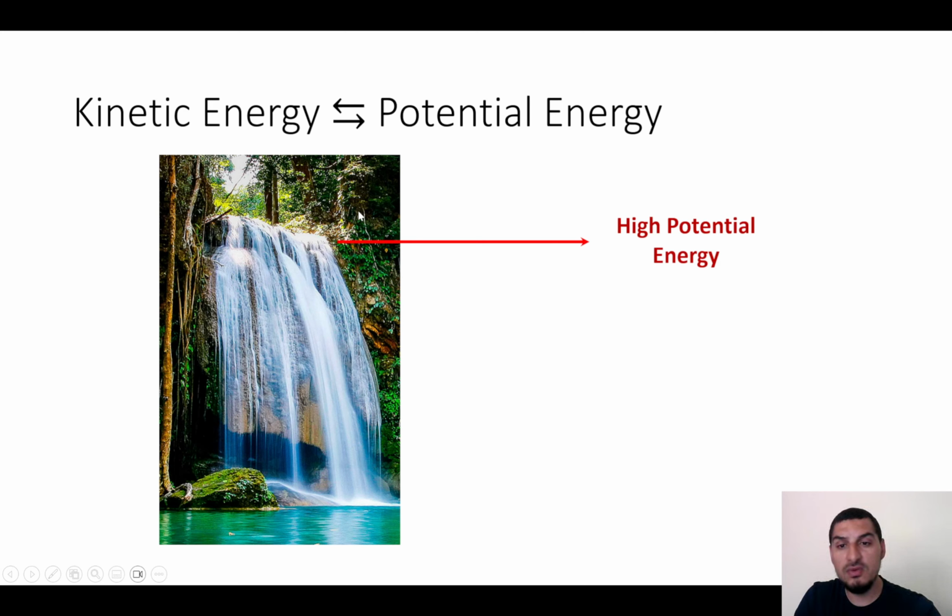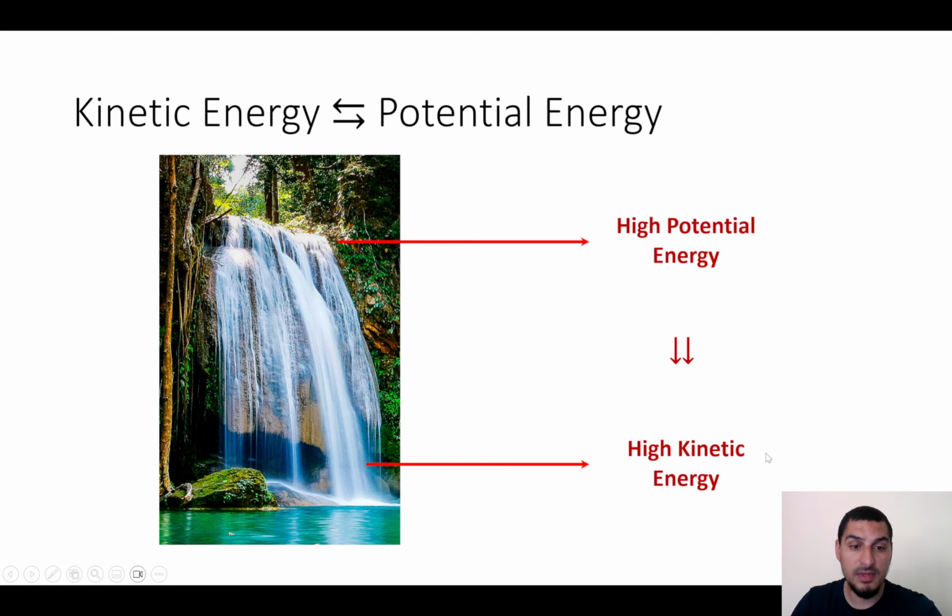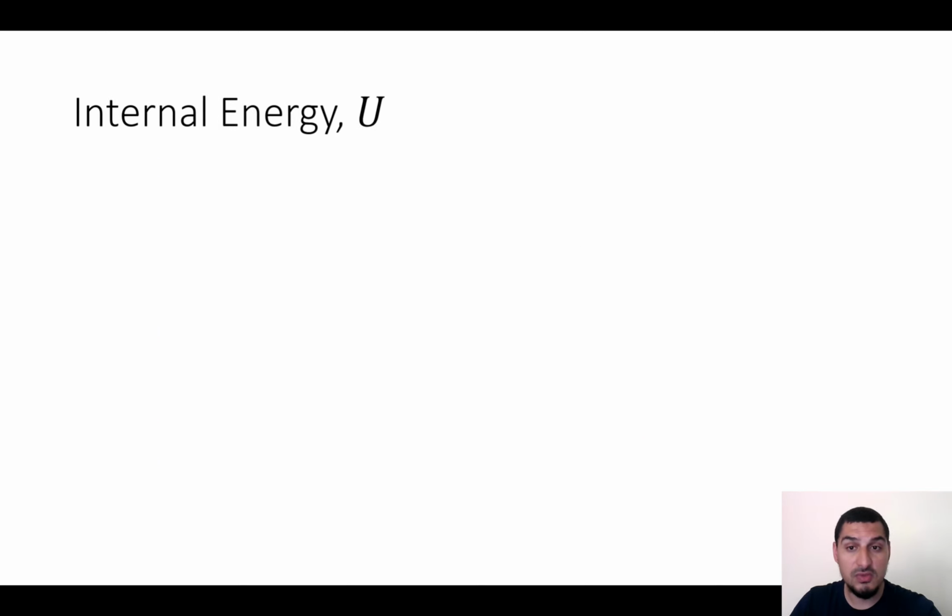Once the fluid starts to go from up to down, its potential energy decreases and the kinetic energy increases. So the potential energy is transferred into kinetic energy. This is a very clear example of energy transfer from one form to another. So these are the first two types of energy.